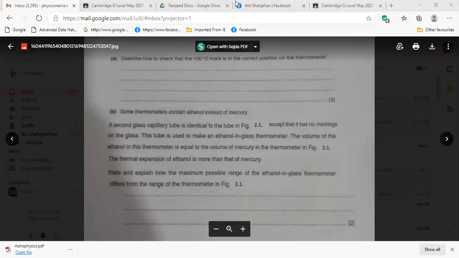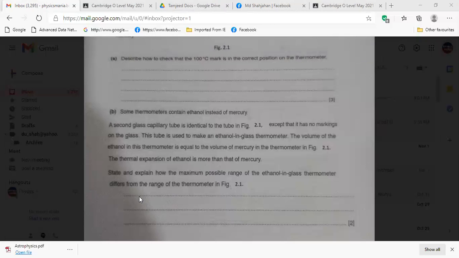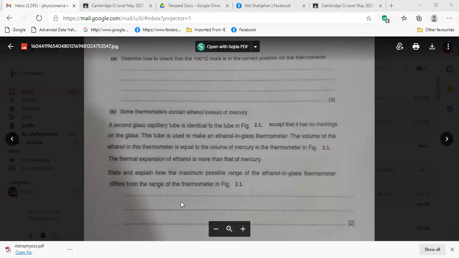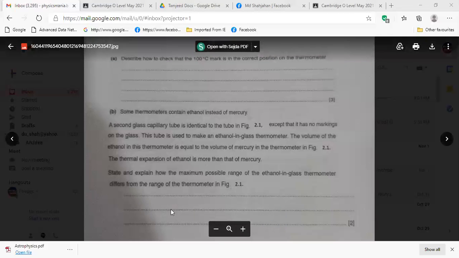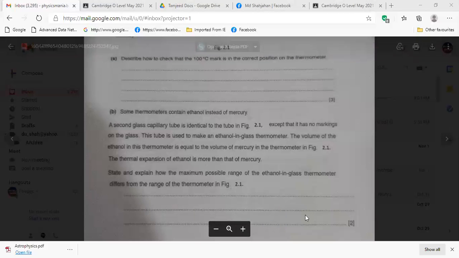You can write it now here. In mercury, we have a greater range because we have less expansion for the same temperature rise in comparison to ethanol. Is it clear?